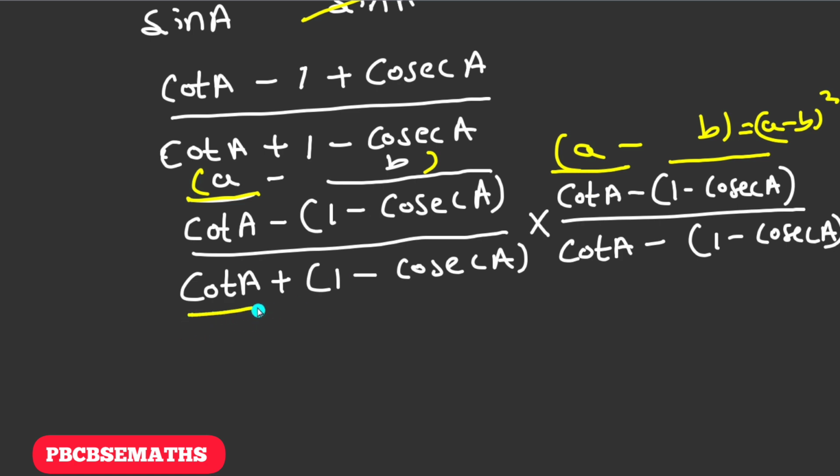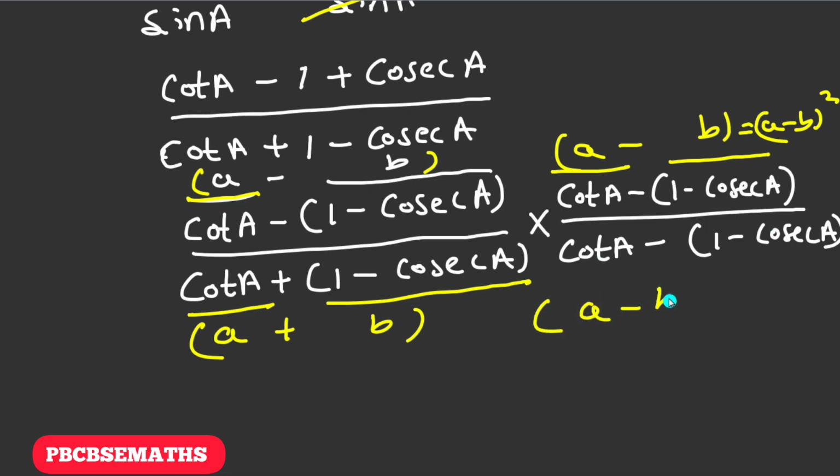And this denominator part, let's consider it as A plus, and this entire expression as B. So (A plus B) into (A minus B), which is equal to A square minus B square.